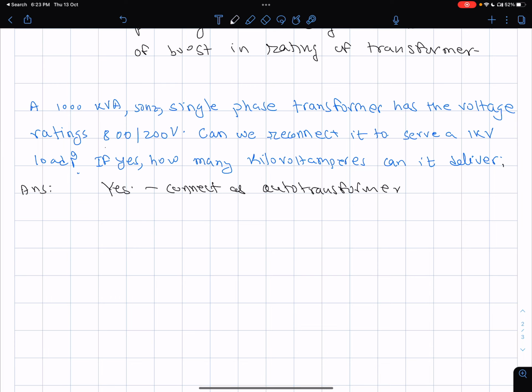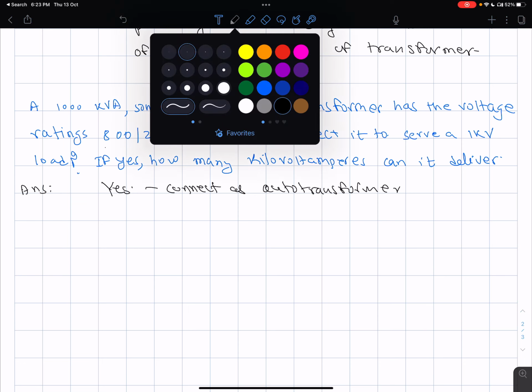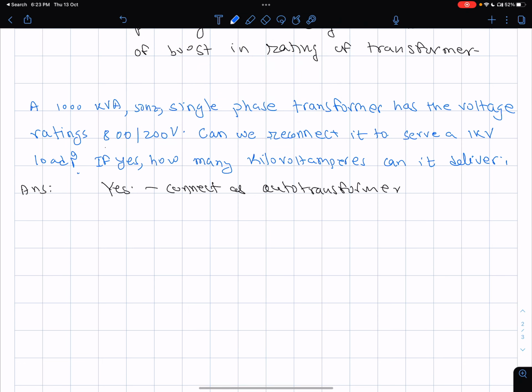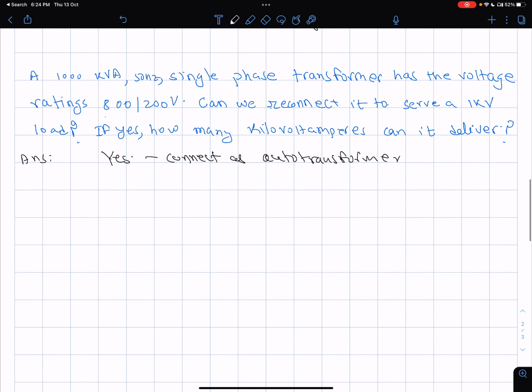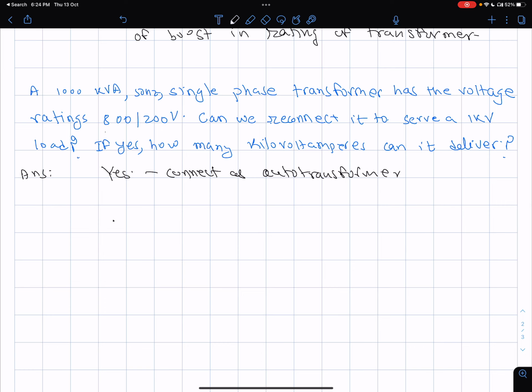What we will do now is that we connect V1 as 800 volts, V2 let's take it as 200 volts. Then we get primary being V1 and secondary being V2. We get the N1 by N2 ratio to be equal to 4.